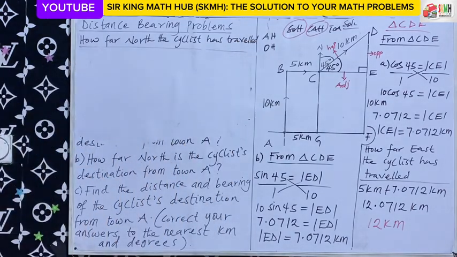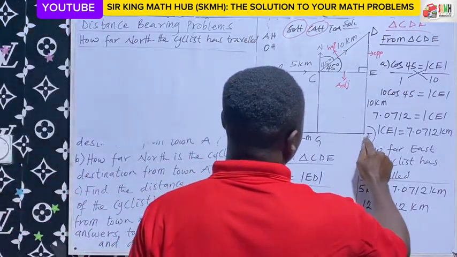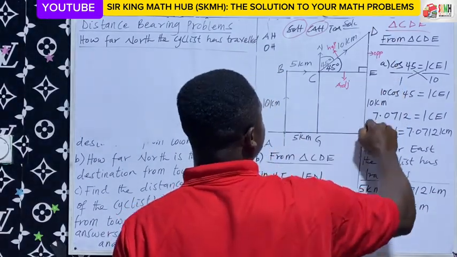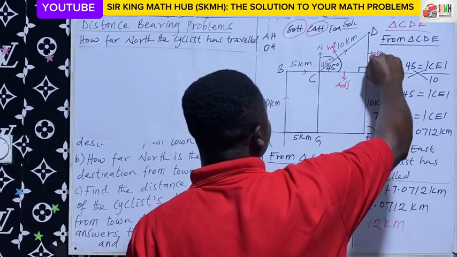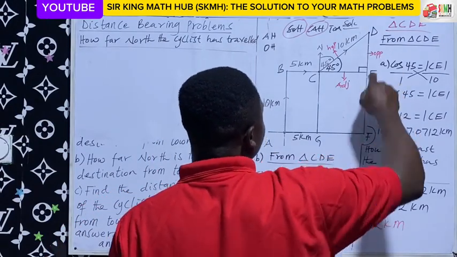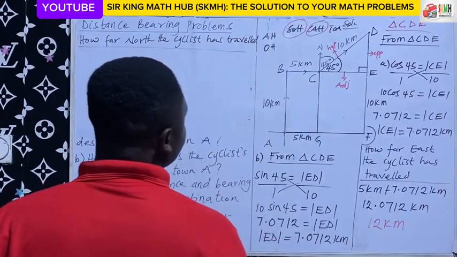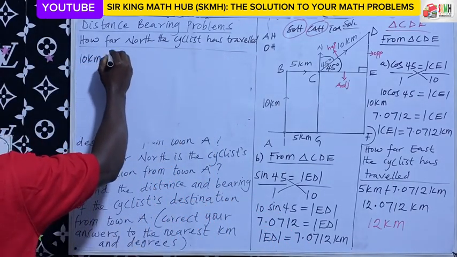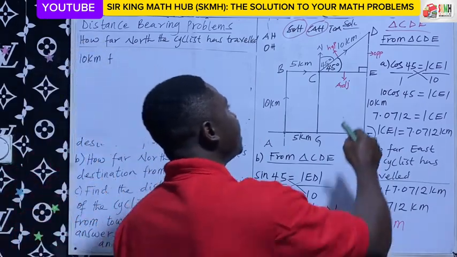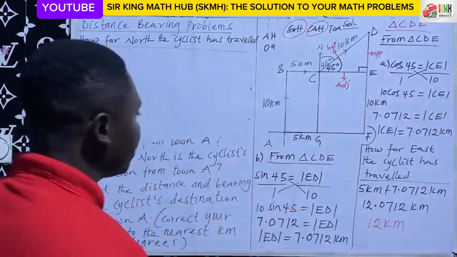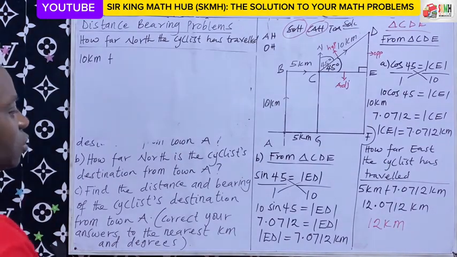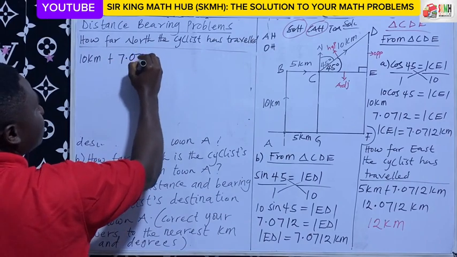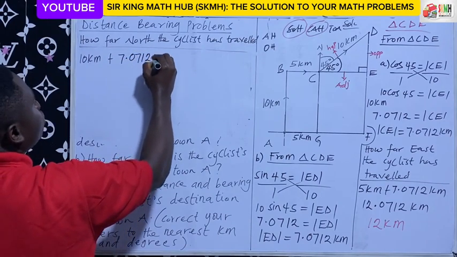For how far north you have traveled, that would be from line F to line D. So this height here. But again, we see that it has been divided into two. One part measuring 10 kilometers, so 10 kilometers plus line ED. What do we get for line ED? We had line ED to be 7.0712 kilometers.